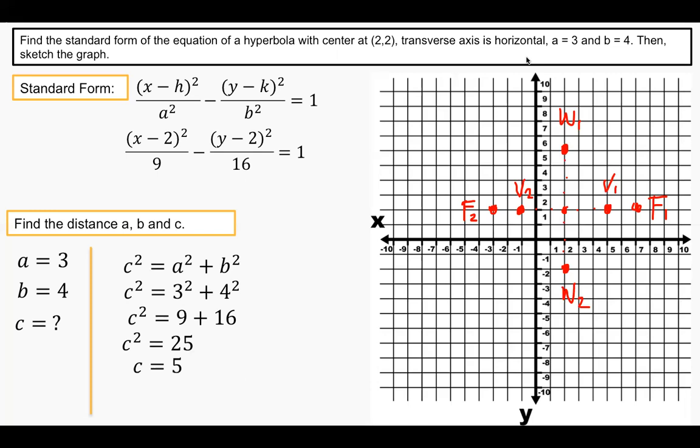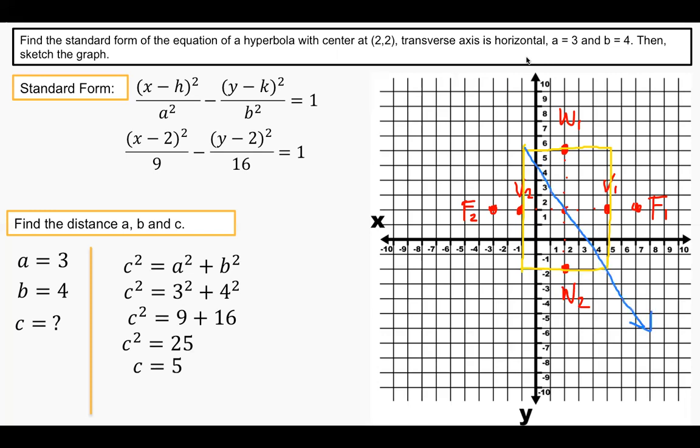Then construct an auxiliary rectangle joining the vertices and the co-vertices. Okay, that's our auxiliary rectangle. Then after that, construct a line that passes through the corners of the auxiliary rectangle.